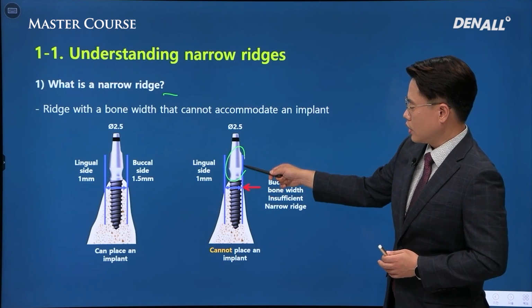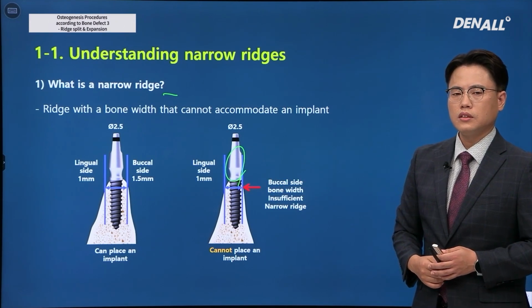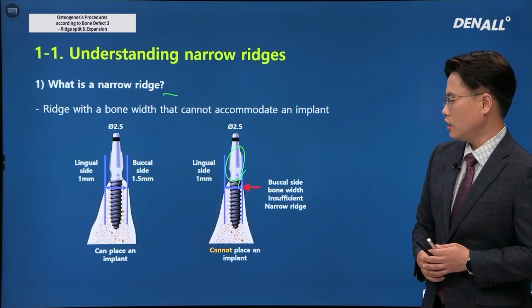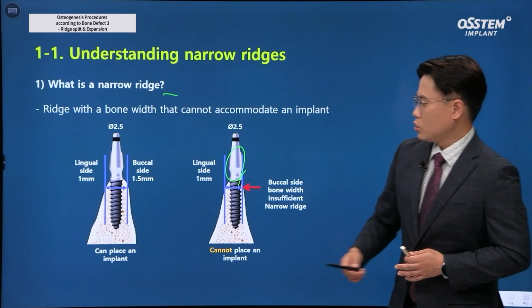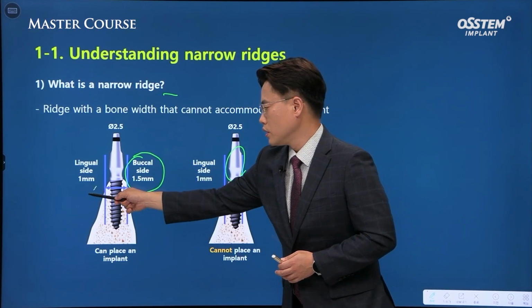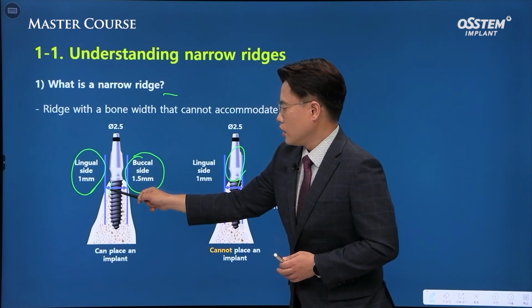You need to think of whether the ridge can support the implant size which is going to be placed. In general, there needs to be at least 1.5 millimeter of bone buccally and 1 millimeter of bone lingually.